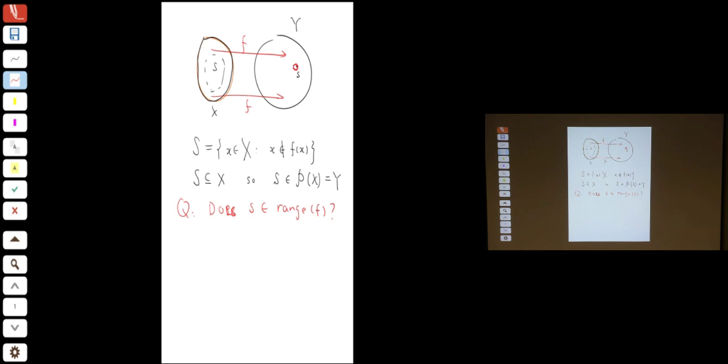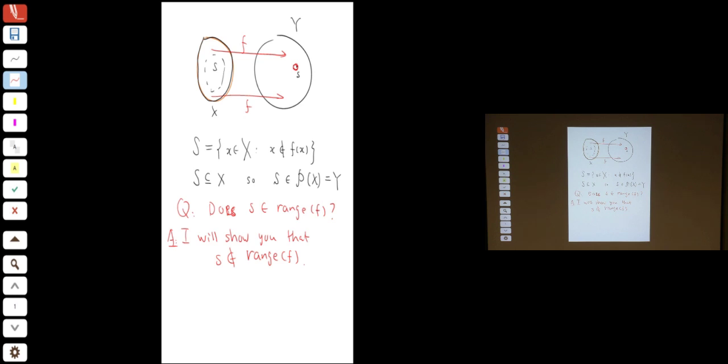I want to demonstrate this point S is not in your range. So the answer is I will show you that S is not inside the range of f.